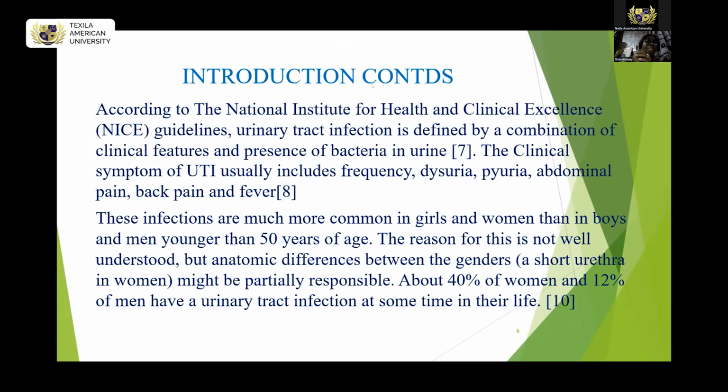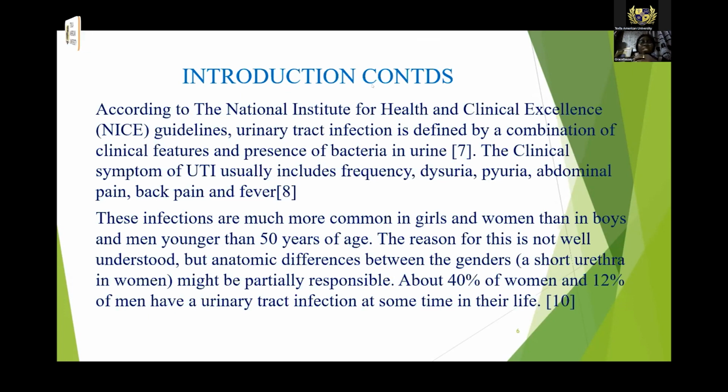The clinical symptoms of UTI usually include frequency in urination, dysuria, pyuria, abdominal pain, back pain and fever, and sometimes you see blood in the urine. These infections are also much more common in girls and women than in boys and men younger than 50 years of age.